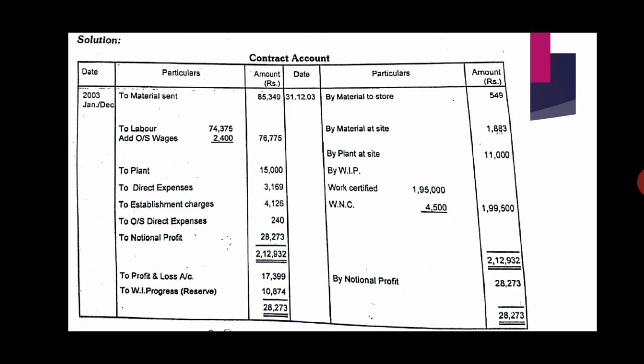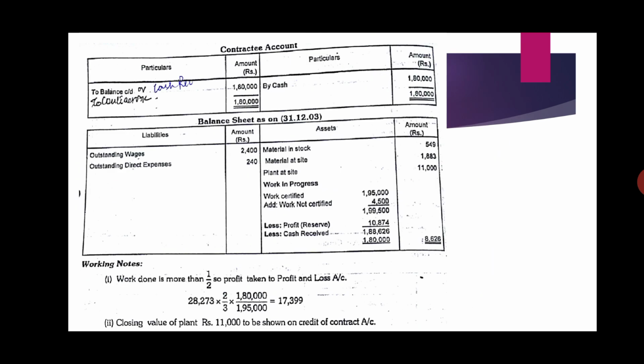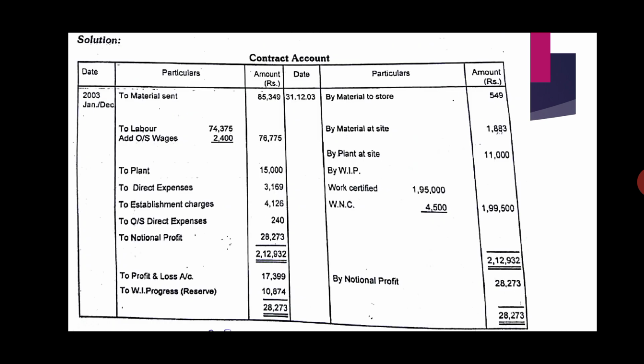So rule number 3 says the calculation is according to 2/3 of the profit. So notional profit, which is 28,273, into 2 by 3 into 1,80,000 by 1,95,000, the cash received and work certified. So 17,399 is written as P&L account and the balance amount is written as WIP reserve.